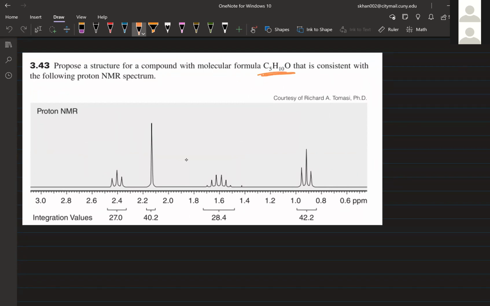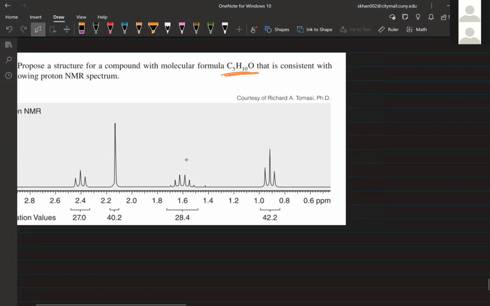Here's our formula; let's do it on the side, in red because that contrasts better. We have 2 times 5, minus 10, plus 2, divided by 2. So what's that equal to? 1. So we have 1 degree of unsaturation.